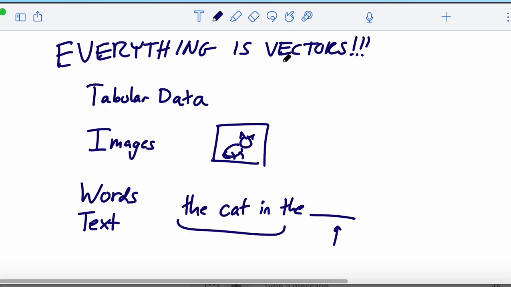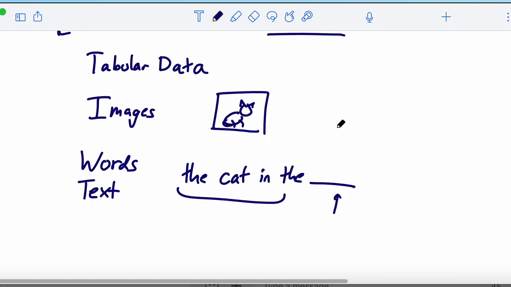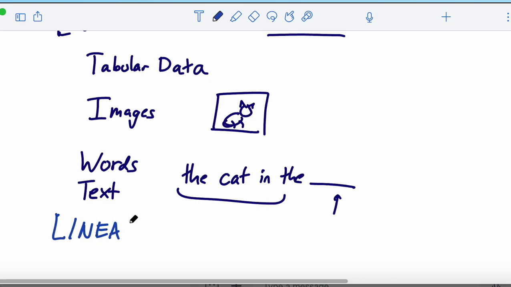So everything is vectors. And that is why we're starting with this linear algebra stuff. Because the very first thing we're doing is learning how the tools from linear algebra help you with vectors. We're going to remind ourselves of one trick, which hopefully you've seen in a good linear algebra class.